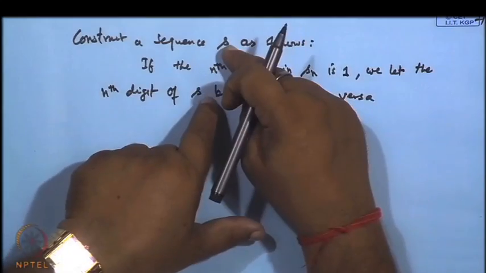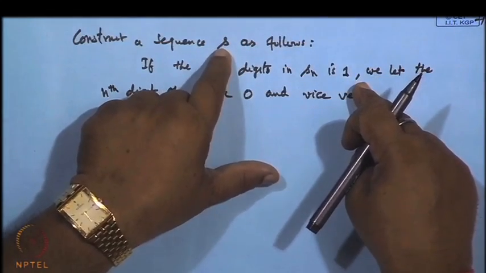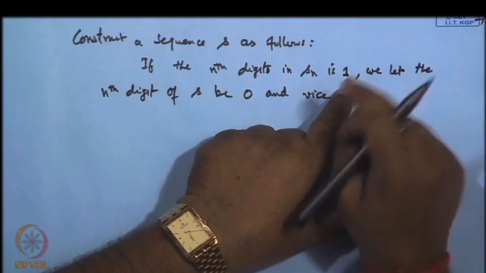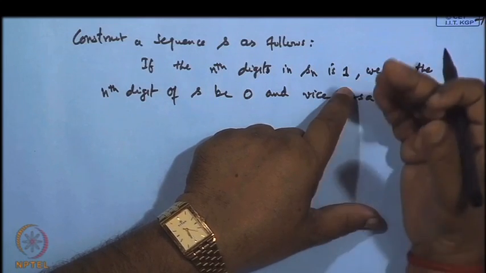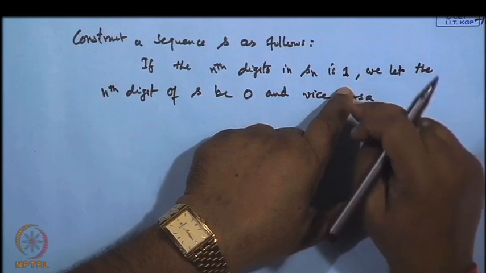Similarly, for the second term of S, we look at the sequence S 2 and see what the digit is. Whatever the digit there, we will take just the opposite, means if it is 1, we will take 0, if it is 0, it is 1.